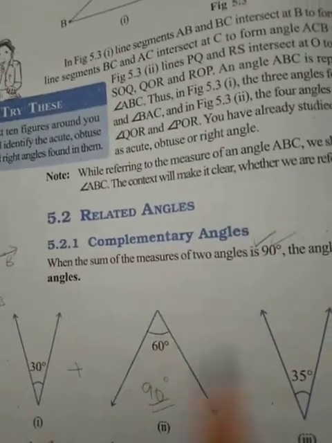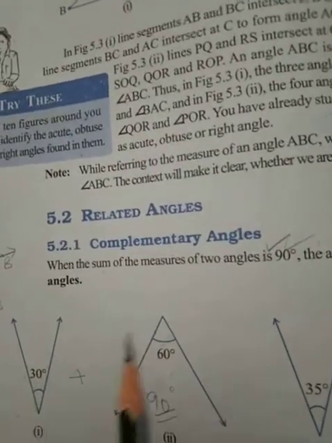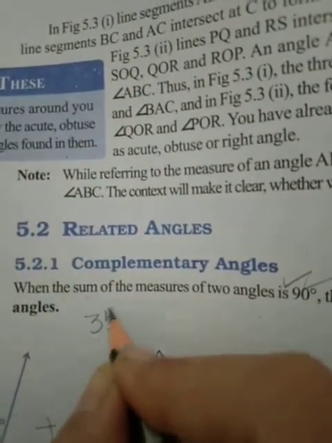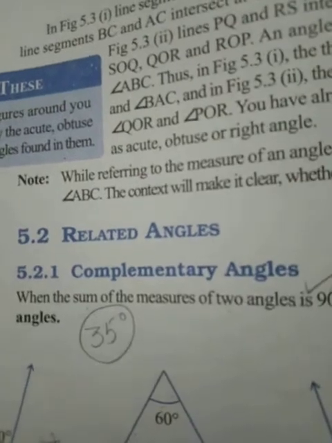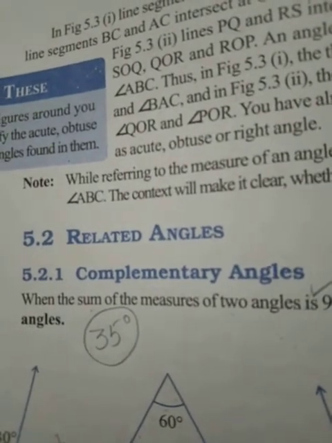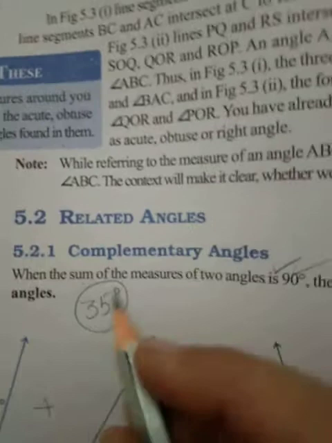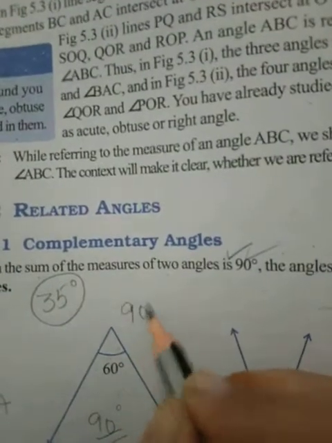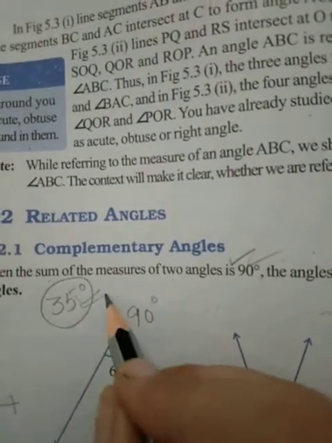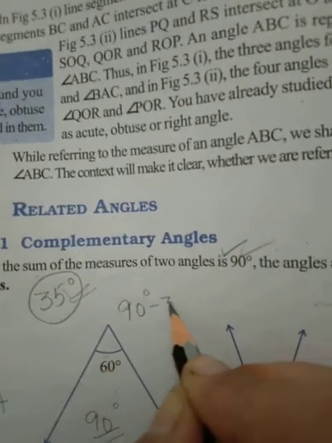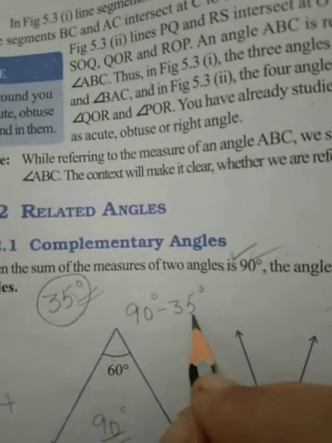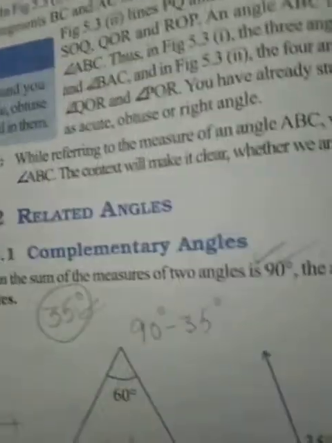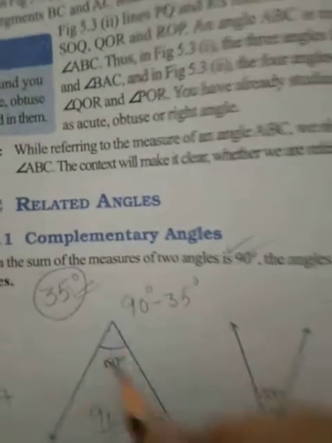Now see, if one angle is given to you, you can find the other. If I say, find the complement of 35 degrees, complementary angles are those whose sum is 90. The total sum is 90 and one angle is given, that is 35 degrees, so you can find the other one: 90 minus 35 is 55.